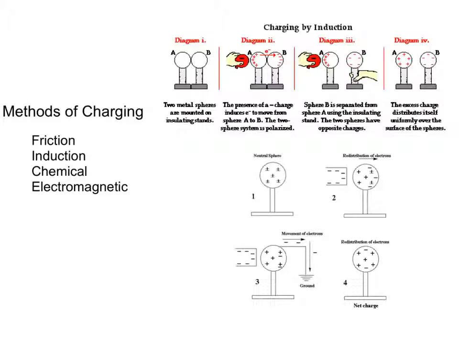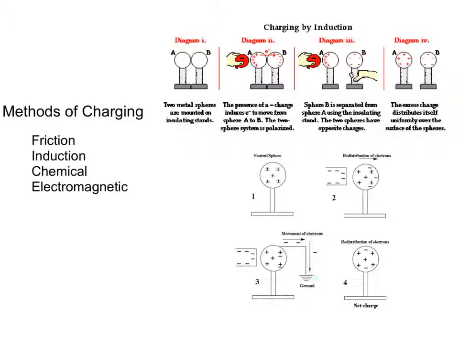Another one, if you're just dealing with one single sphere, I've got a neutral sphere. That means I have the same number of positive and negative charges inside of it. Here I'm going to bring another negatively charged rod. By the way, this could be done with positively charged objects. It doesn't matter. Because I bring a negatively charged rod in, all of the electrons that are available to move, if this is a conductor, right, will try to move to the opposite side of this sphere or whatever object.